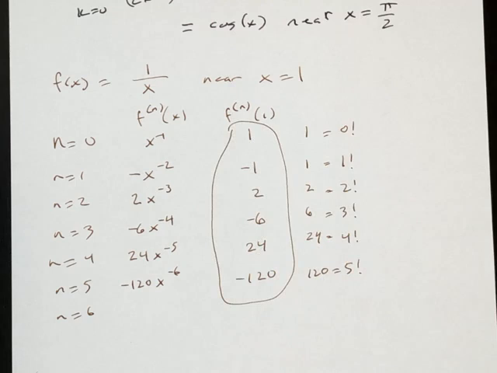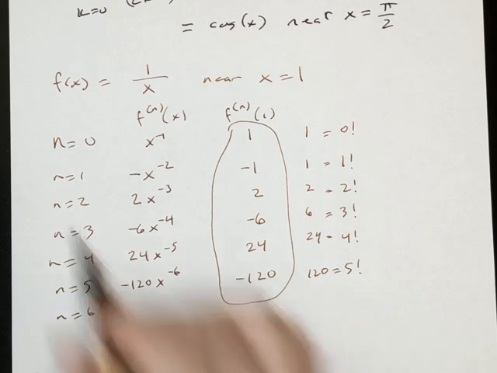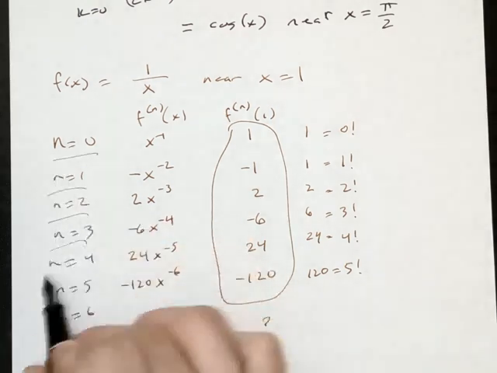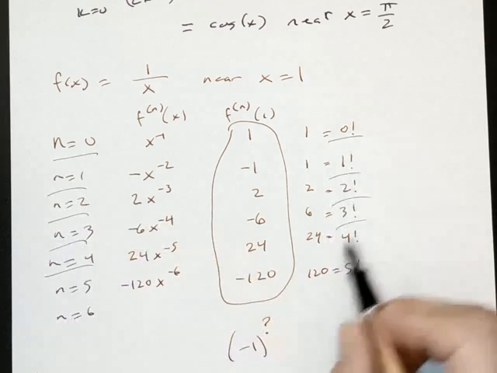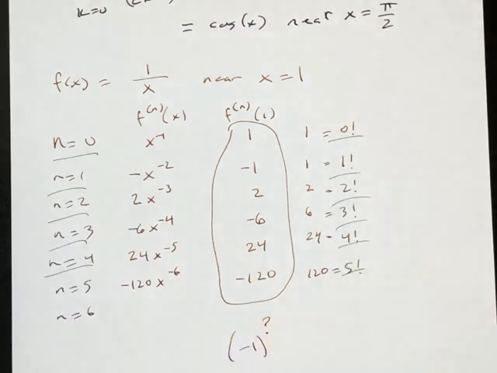So I need some minus 1 to the something to get me that flipping back and forth. I don't know what that something should be yet. But now, I look at the factorials and I look at the n's.